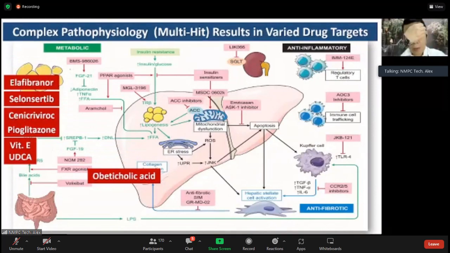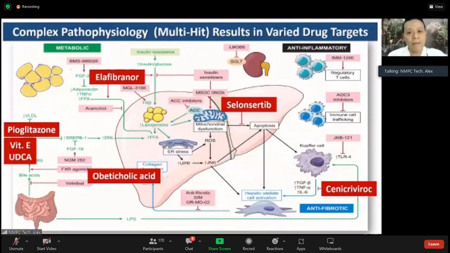Obeticholic acid is the one that's further along in terms of trials, but it has not been approved by the FDA yet because of the increased risk of pruritus and not very strong therapeutic results so far in the phase 3 trials.